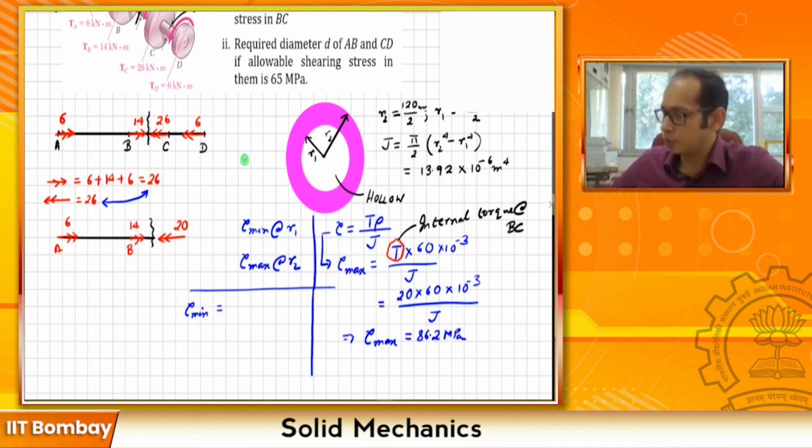So it is also going to be 20 times, this is the torque T, times the inner radius, that is 90 divided by 2, so 45 into 10 raised to minus 3, divided by J. Once you substitute the numbers, you get tau minimum as 64.7.